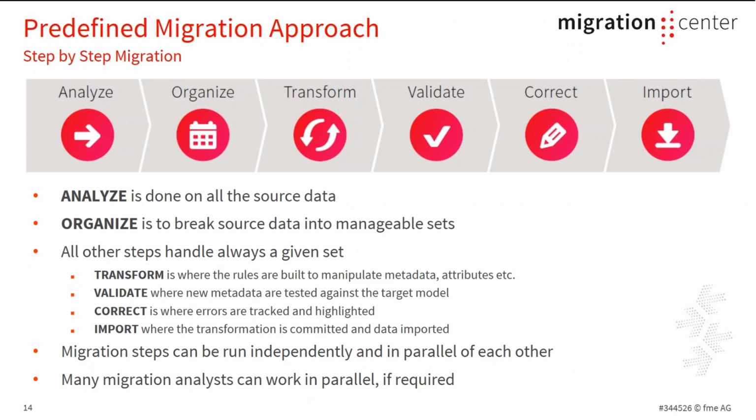And then you are able to organize your migration or your upgrade process. So that means you can put the documents which logically fit together into one migration set. So for example, we put all documents from a special object type into one single migration set.